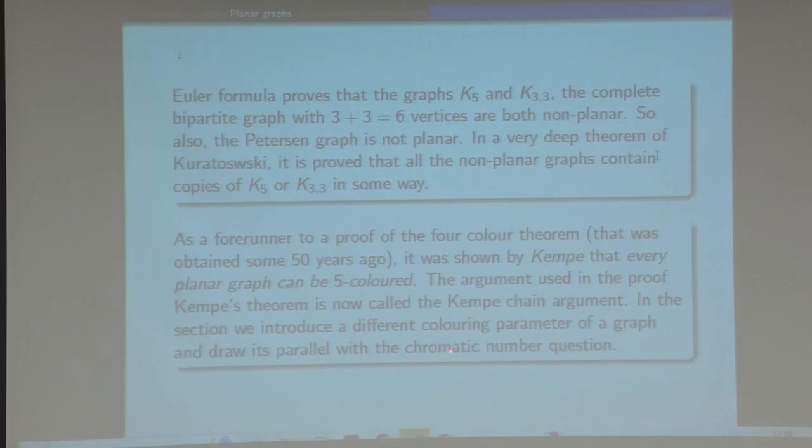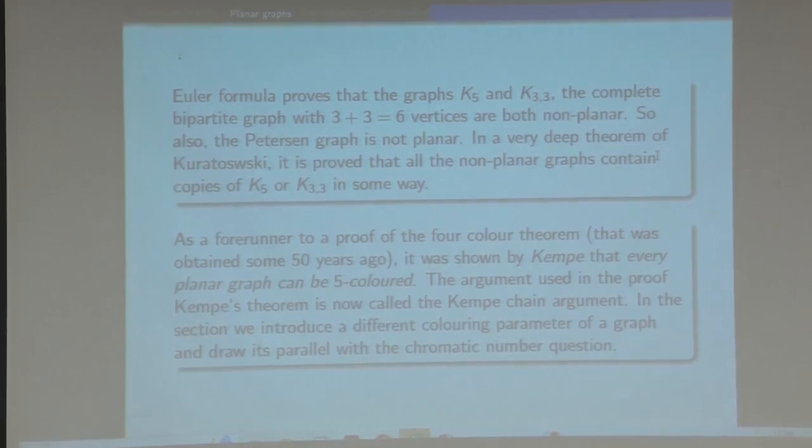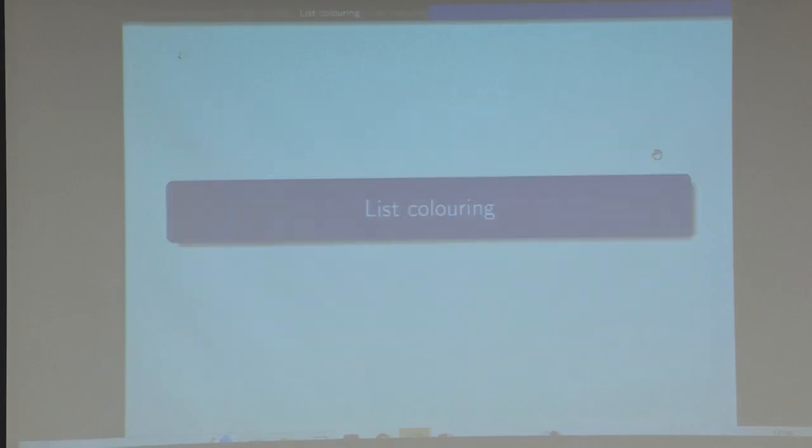Now what I am going to do is introduce a different coloring parameter. Initially it looks quite innocuous, very similar to the chromatic number, but then you will see that it is actually quite different. This is called list coloring.